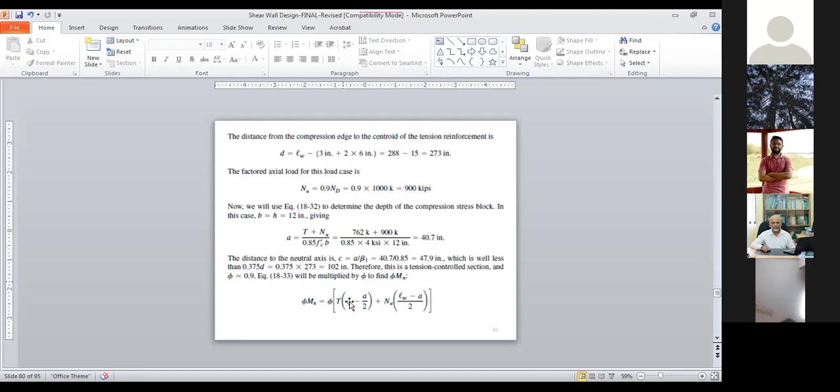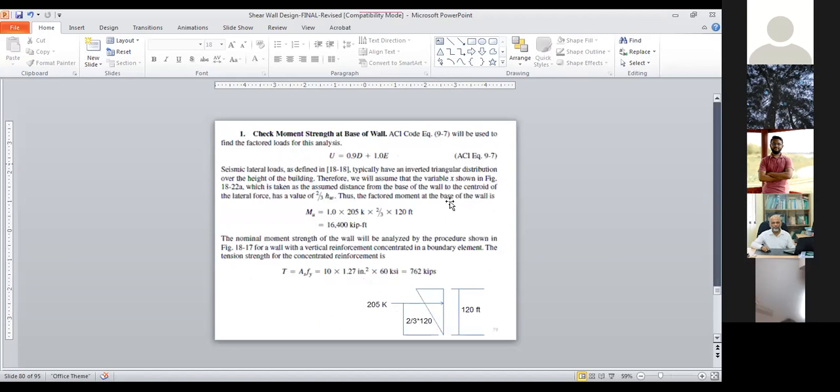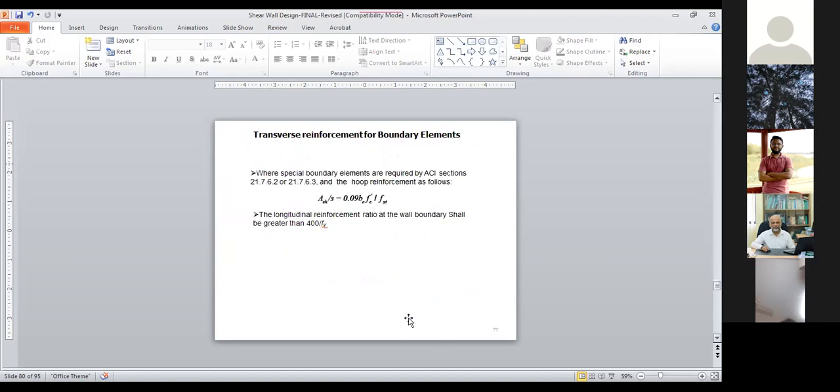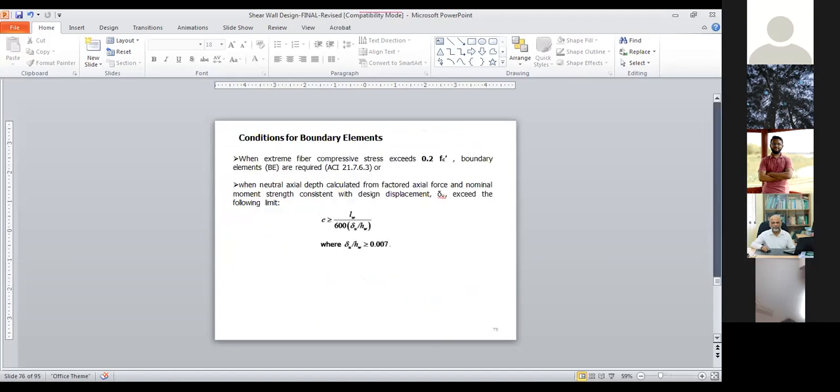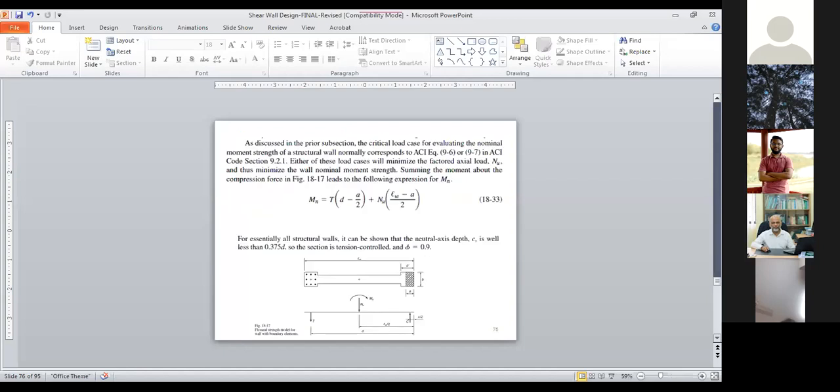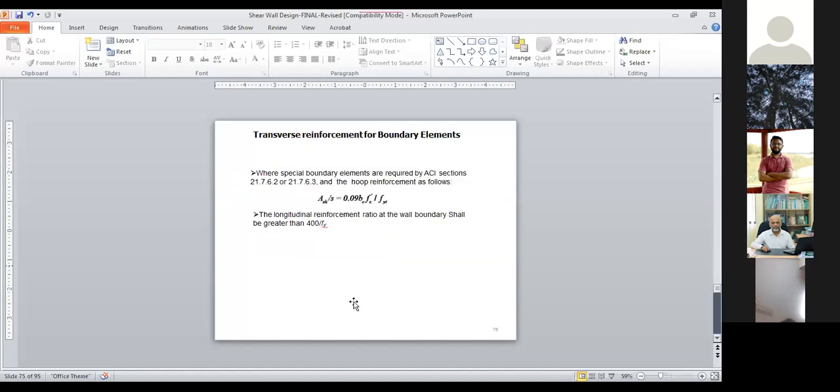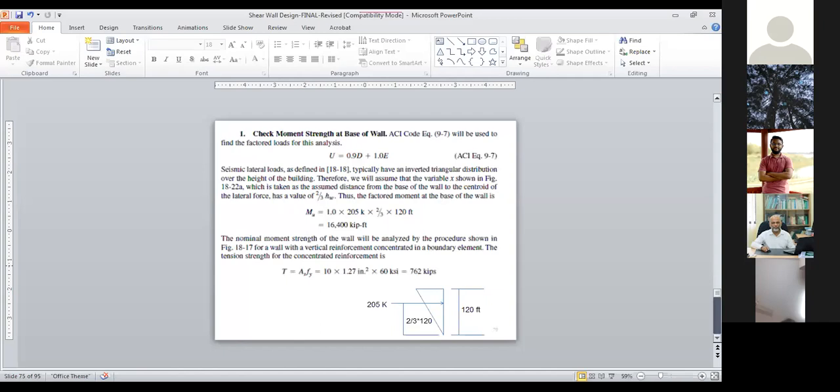Then finally, of course, you can get to the moment equation: T into D minus A by 2 plus NU into L minus LW minus A by 2. This equation actually you have here. If you take moment here, we can get this equation. So finally you can have the moment.